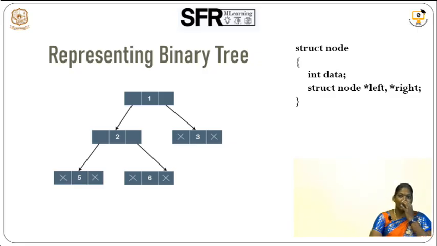In C, we declare an integer data variable, and after that we declare the self-referential structure pointers, star left and star right. So the tree is represented as a C pointer as shown in this diagram.